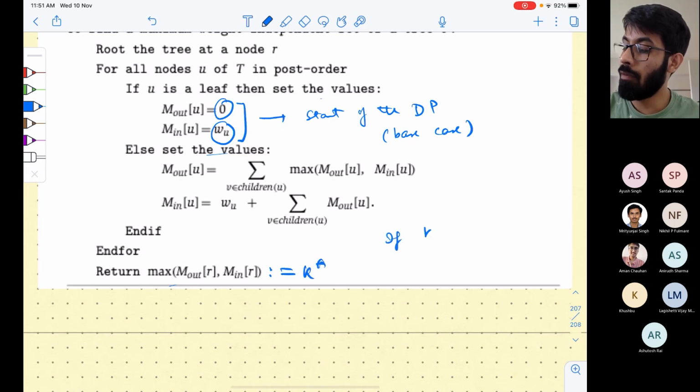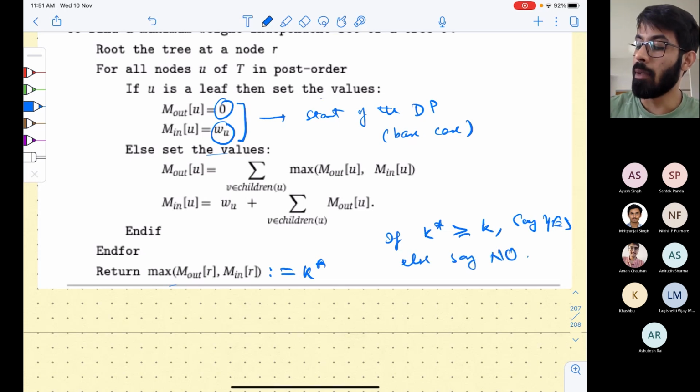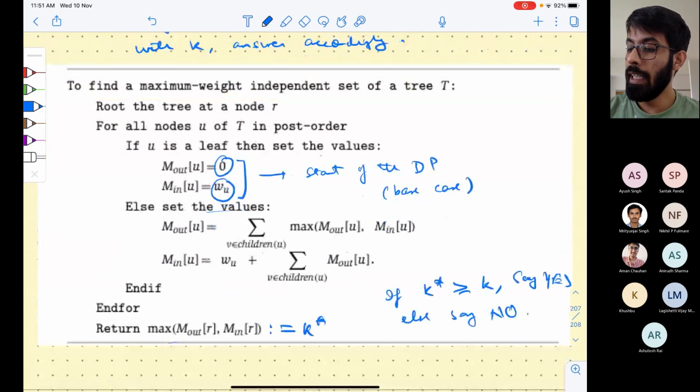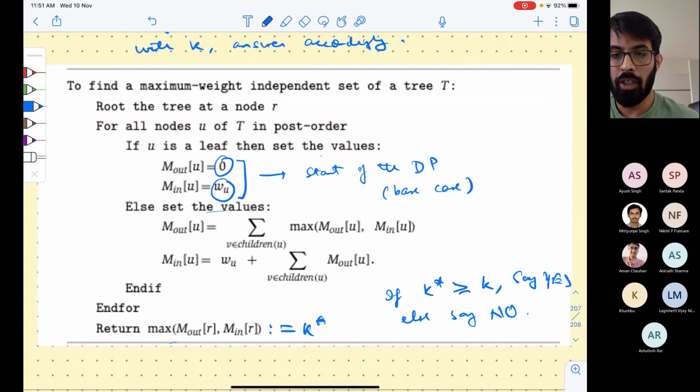If K star is greater than or equal to K, say yes. Otherwise, say no, if we want to make it a decision problem. And that's it. So even maximum weight independent set can be solved on trees in polynomial time using DP.